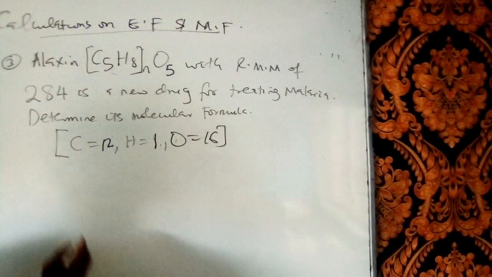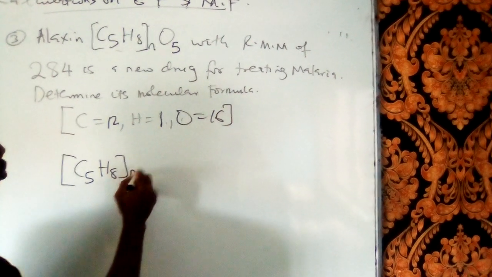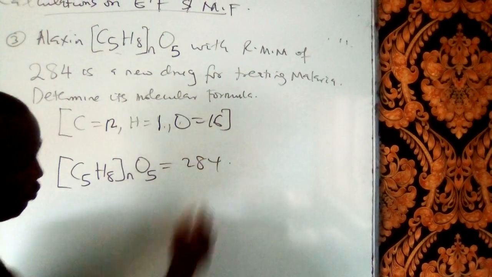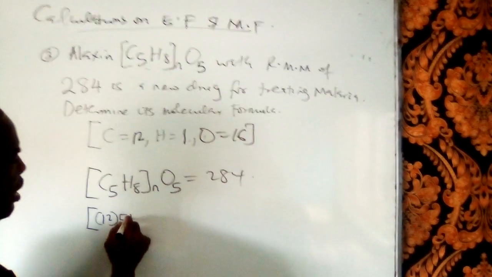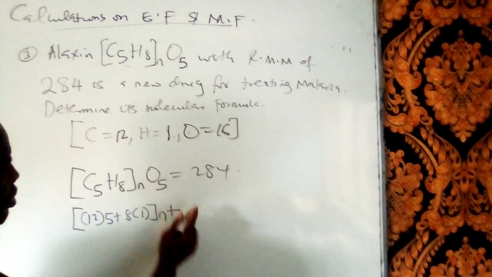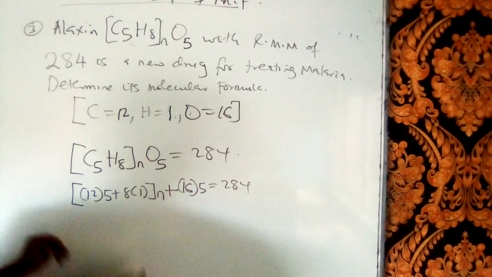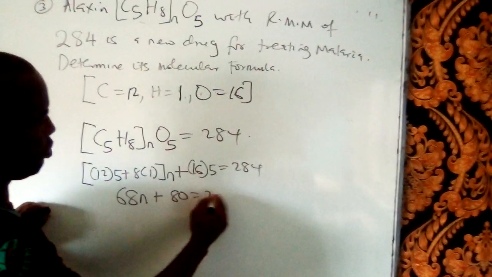What we have to do is equate the empirical formula expression (C5H8NO5)n to 284 and solve to find n. So our carbon is 12 times 5, hydrogen is 8 times 1, and you add oxygen, 16 times 5, equal to 284. 12 times 5 is 60, 8 times 1 is 8, plus 80 gives 68n plus 80 equals 284.